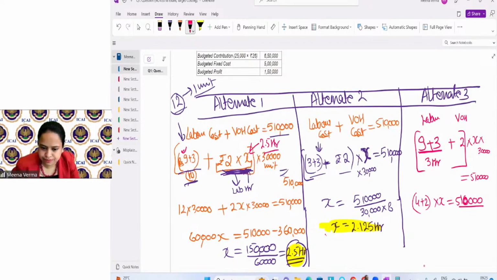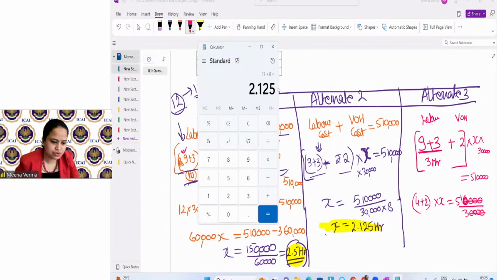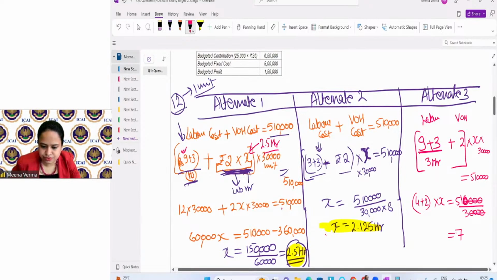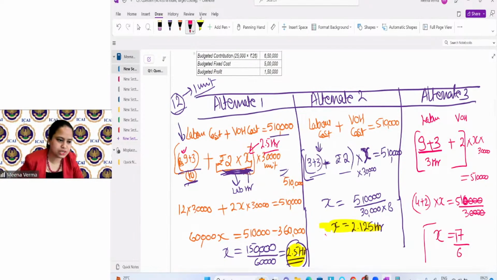divided by 30,000, right? So what is it? 51 divided by 3, 17 divided by 6, x. See, what is it coming now?